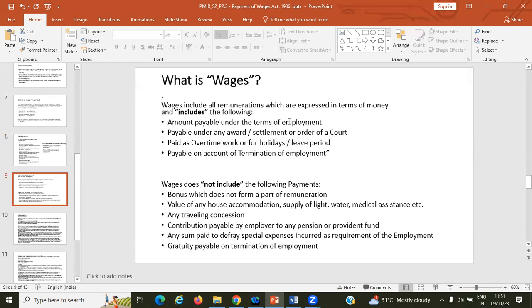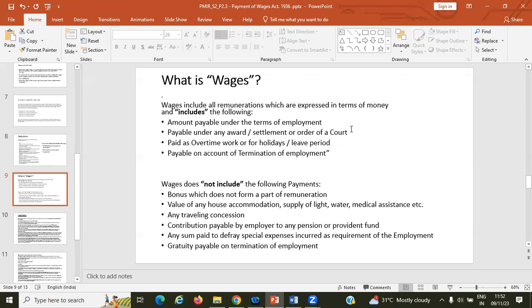Amount payable under the terms of employment. Any amount payable, remuneration, this is wage. This is called payable under any award, settlement, or order of a court. Award means any kind of prize, or the court has given a decision in favor of you, so you got some hike. That is also wage, as is pay for overtime.